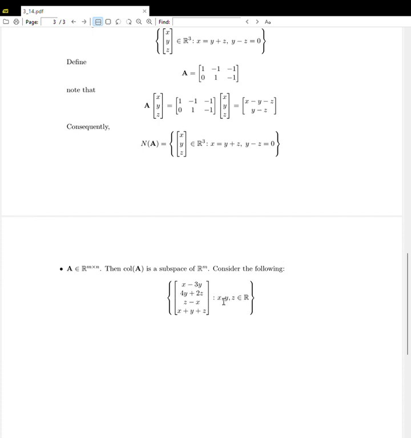Well, I've got 3 variables and 4 equations, basically. So I'm probably going to make a 4 by 3. And indeed, it's pretty easy to see what the entries of the matrix will need to be.